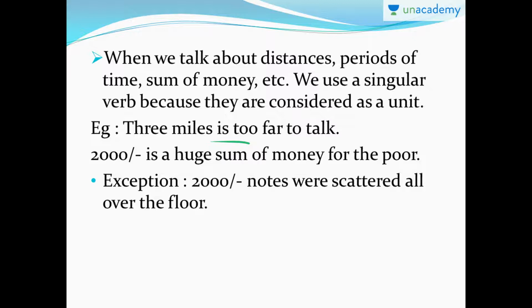Next one, 2000 is a huge sum of money for the poor. So 2000, you can say 1 rupee singular, 2000 plural, no, but 2000 is one unit, so that's why it is taking a singular verb. But look at the exception. 2000 notes were scattered all over the floor. Here we're talking about 2000 rupee notes or something like that, but here the noun is 2000 notes, so the verb after it will take the plural verb.